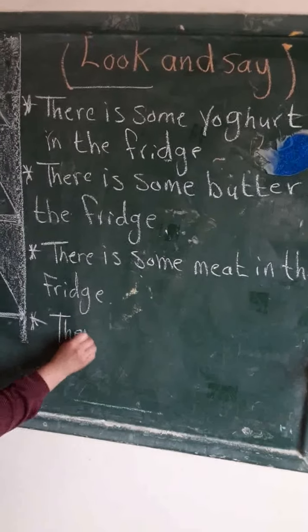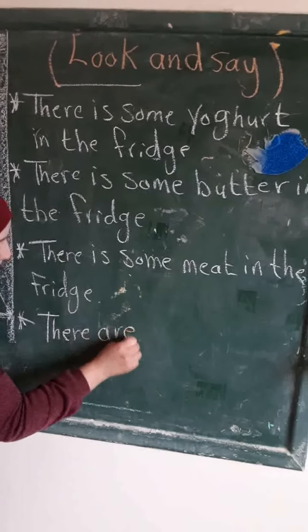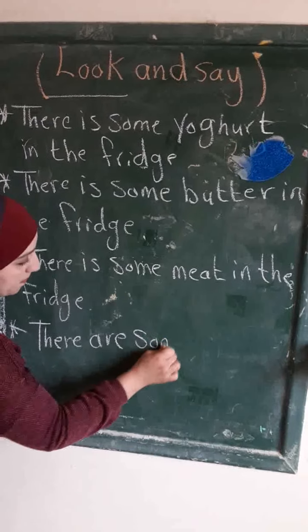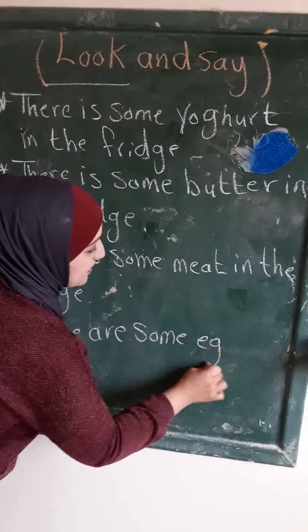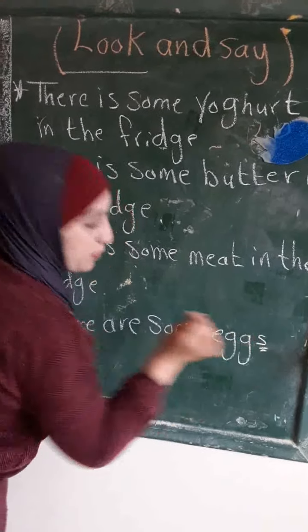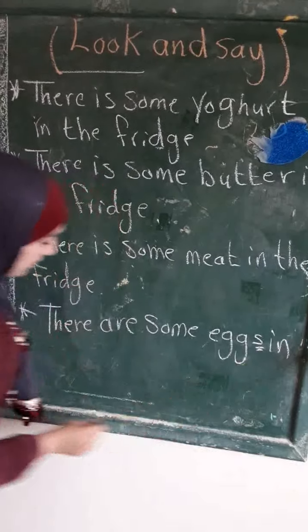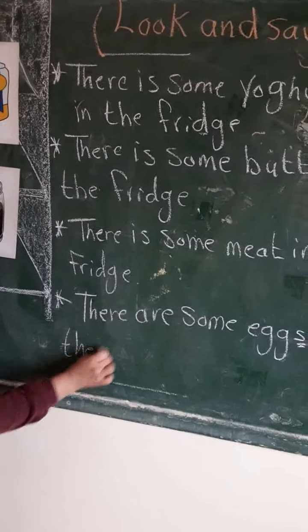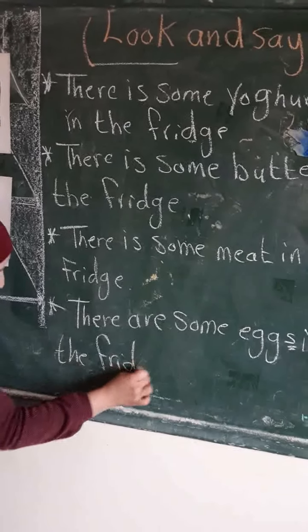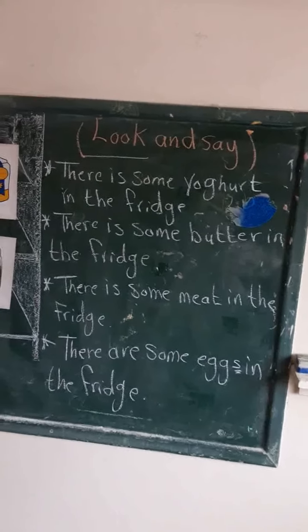So you have to write here, there are some eggs in the fridge. Okay? The sentences talk about the items in the fridge.